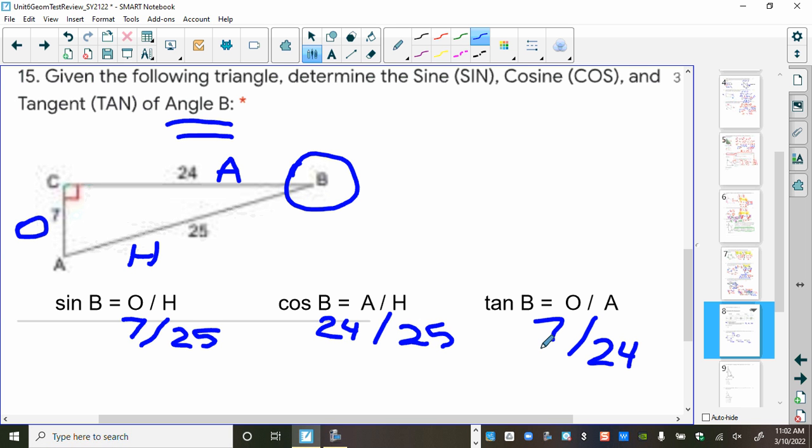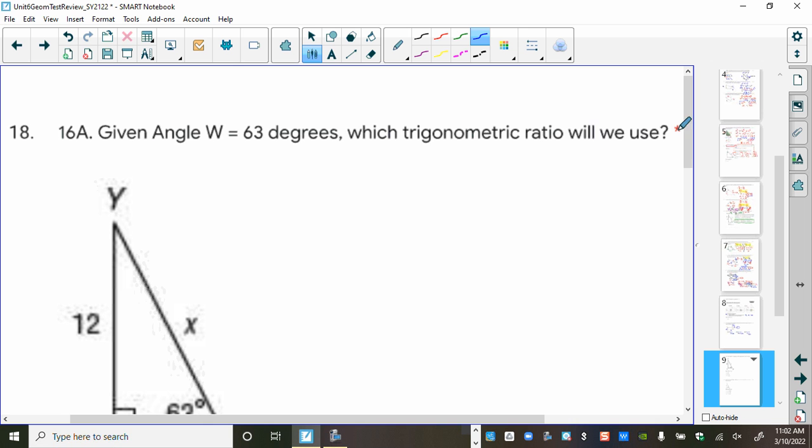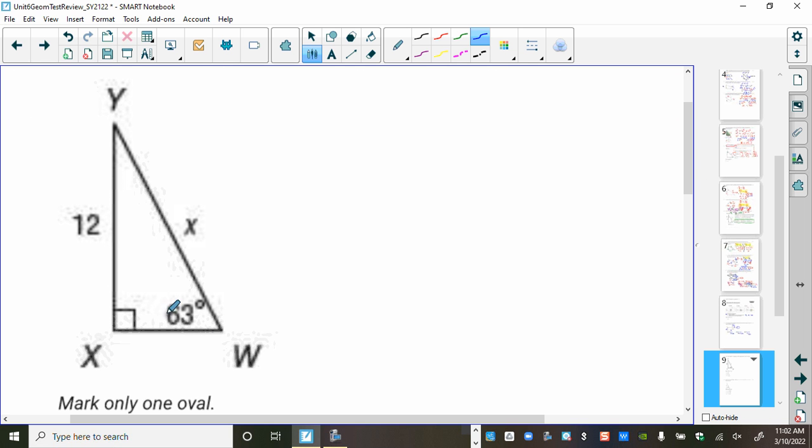Okay. Now, really quick. Next page. Well, I know we don't have a whole lot of time left. The next ones aren't going to be that bad because it's not as long as you think. Because for this one, I just want you to figure out, here's our 63.